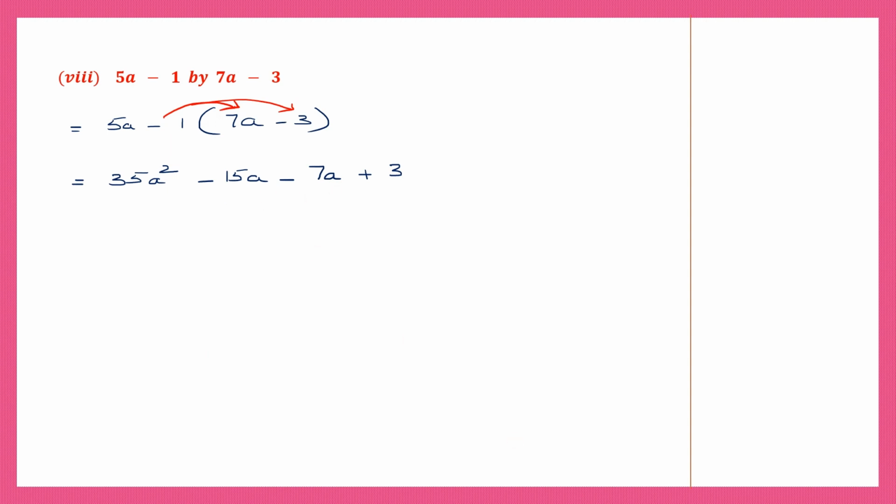The first part will remain as it is, that is 35a square. Now here we have minus 15a minus 7a. This part is not multiplication. Since the signs are the same, put the same sign and add. 15 plus 7 is 22. 22a plus 3. So what's the final answer? 35a square minus 22a plus 3.